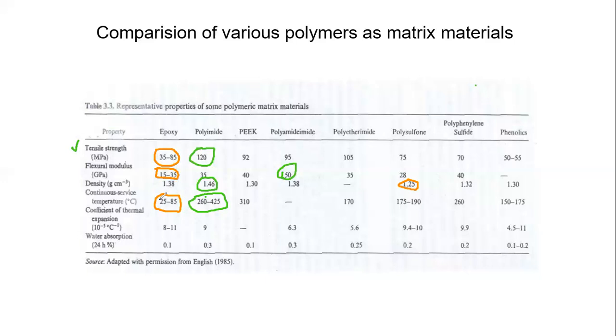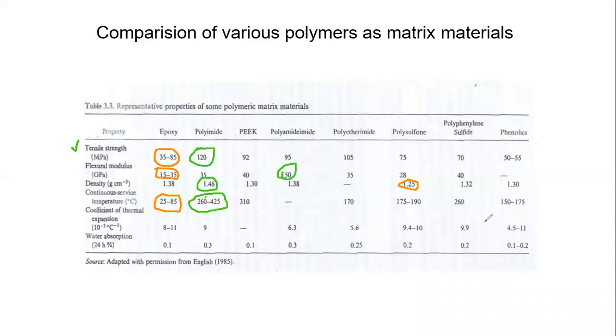Next, coming to the coefficient of thermal expansion. In this thermal expansion, polysulfone has the highest, that is 9.4 to 10, but there are three to four materials. Epoxy has 8 to 11, polysulfone 9.4 to 10, and phenolics 4.5 to 11.